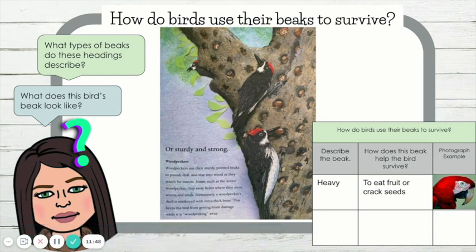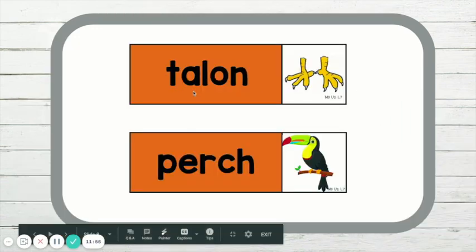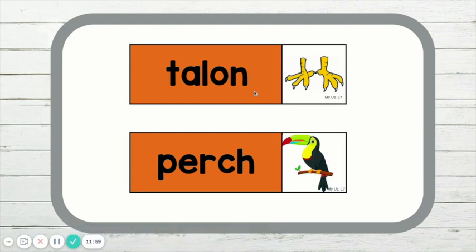Before we get into that, there were some words that I'd like for us to review and add to our word wall. The first word is talon. Read that word with me. Talon. Remember, the talons are the nails at the end of the feet that help some birds eat their prey or grip on to things. We also learned the word perch.